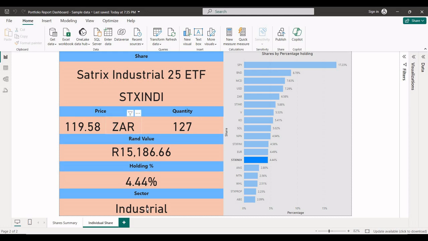So this industrial sector share, the ETF, but specifically on industrial shares, comprises 44.44% of our portfolio, which is this much in rands, and it is 119 rand 58 cents a share as of our latest update, and we own 127 shares.